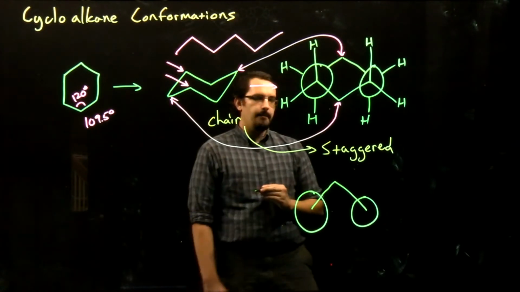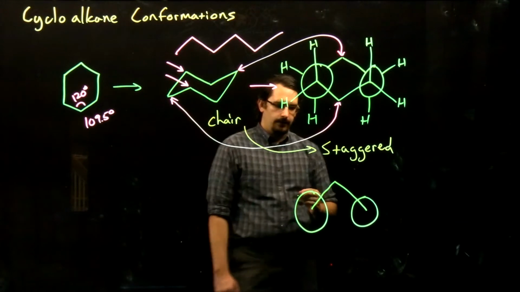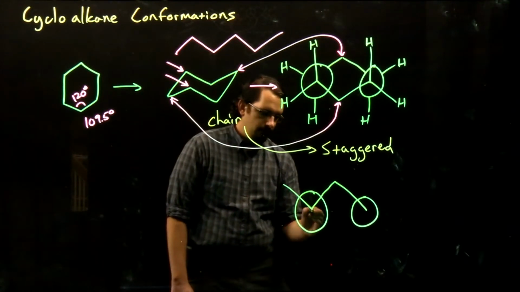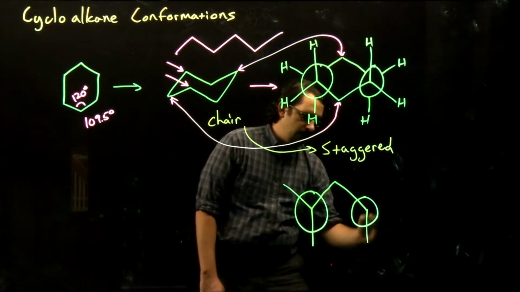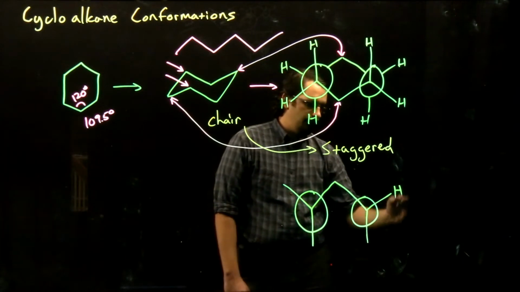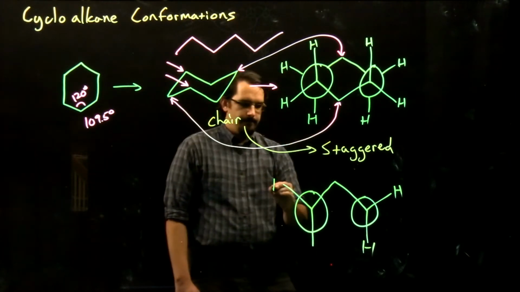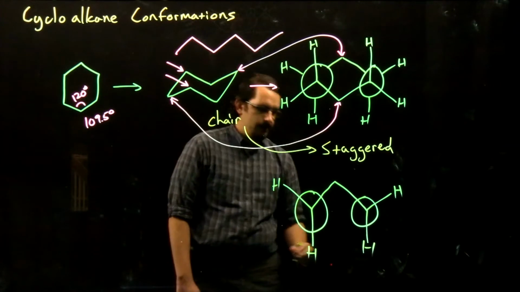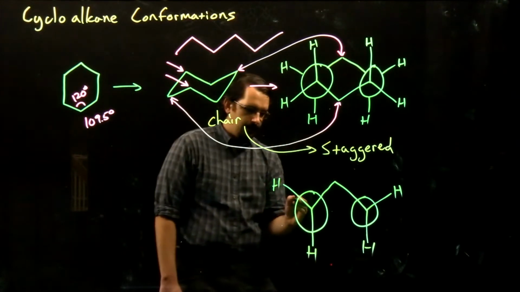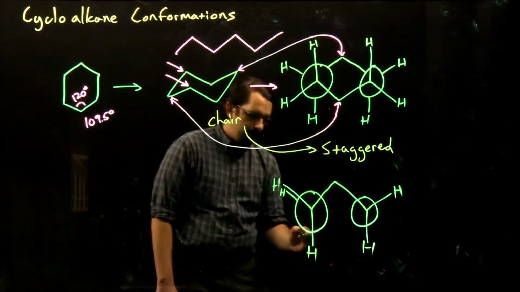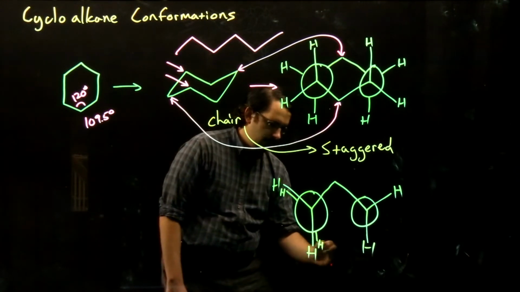First I've got my bond in front connecting these two. Got my usual hydrogens. And now I know in order to eclipse this, my bonds in the back have to be going out at the same positions.